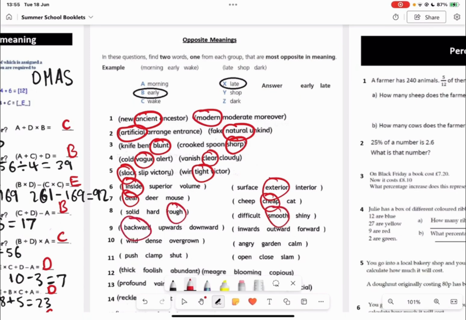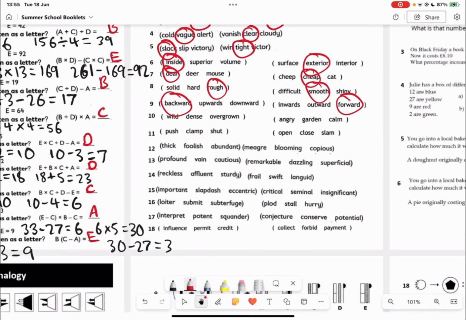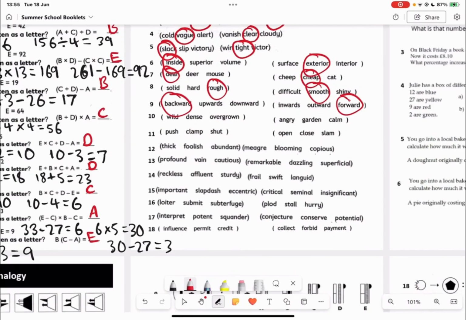So this is looking at the direction of something. And then we move on to question 10, which is wild and calm. So wild is something that's often out of control, whereas calm is the opposite. It's something that is often very relaxed, or you could also relate it to tranquility.